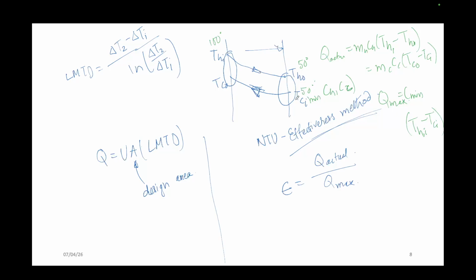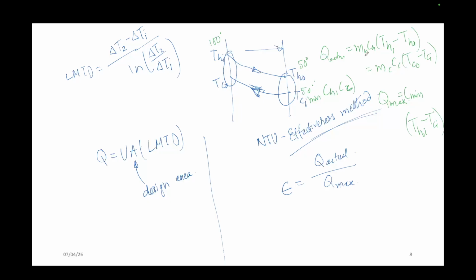But if the cold side is 40 degree and the other is 50 degree, heat transfer can happen here, but in that case your Q actual should be less. I am just giving you an example that CH and CC should be different.